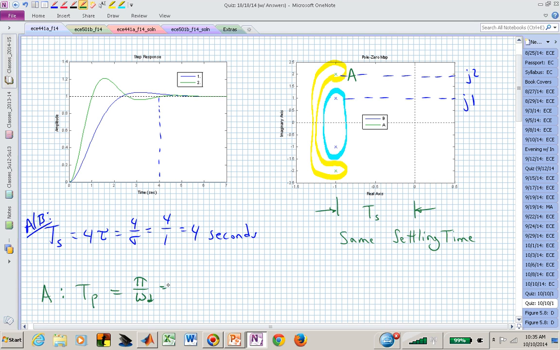For point A, omega sub d is 2, and we should be expecting a peak time of about half of pi, or 1.57. And if we look at 1.57, that intersects with curve number 2.